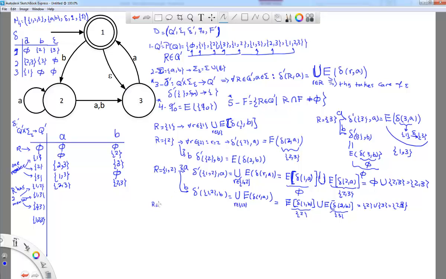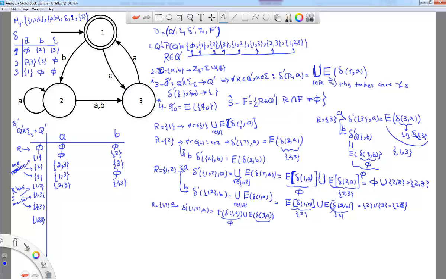So if R is equal to set 1 comma 3, then for A I have delta prime of 1 comma 3 and A is equal to E of delta of 1 and A union with E of delta of 3 and A. So this guy is a phi, this guy, which is delta of 3 and A. Let's make it better.